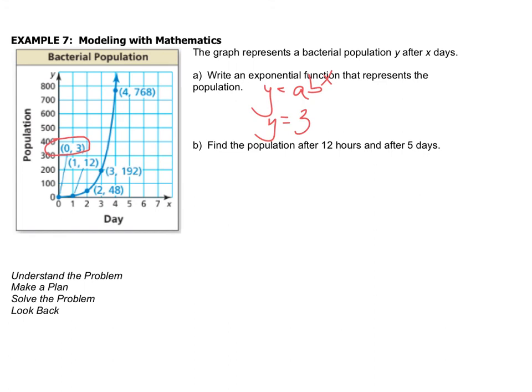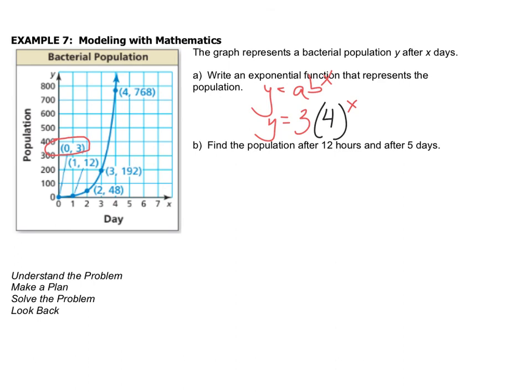So that would then tell me that we have a constant factor of a 4, and these are always being raised to the x. So just like with the y equals mx plus b, we always had x and y in it. Same thing here, the exponential function. The y-intercept would be the a, and that b is the number that we are multiplying over and over and over. It's that common factor that we're multiplying our y values.